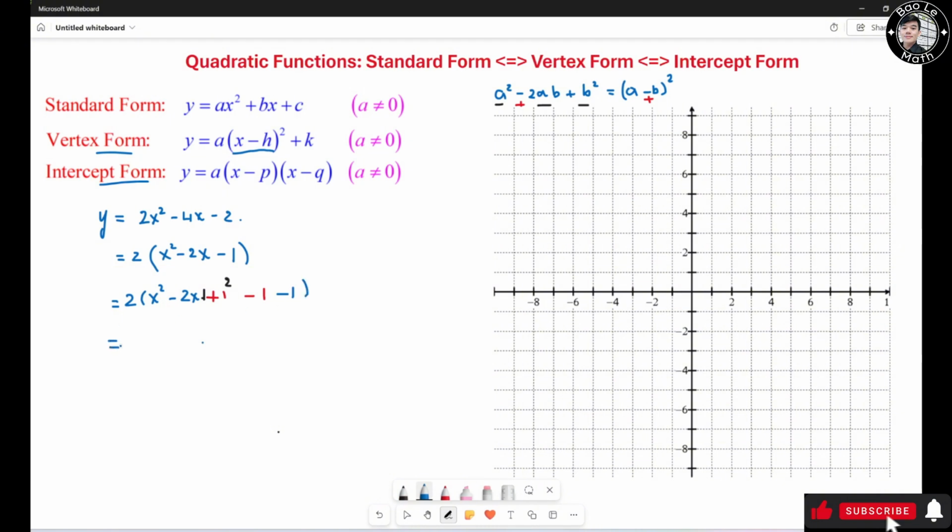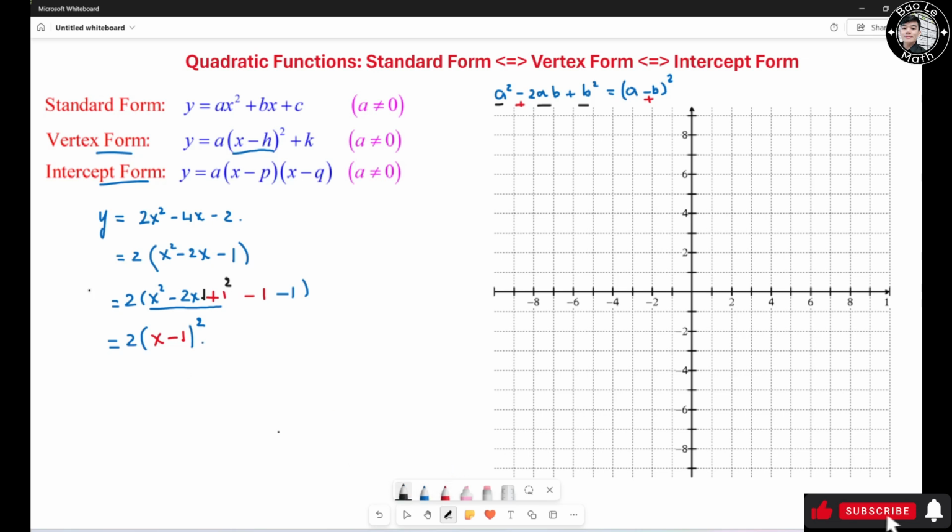Next, I have 2 times the first 3 terms, which become a complete square, which means x minus 1 altogether squared. And then negative 1 minus 1 is going to be negative 2.